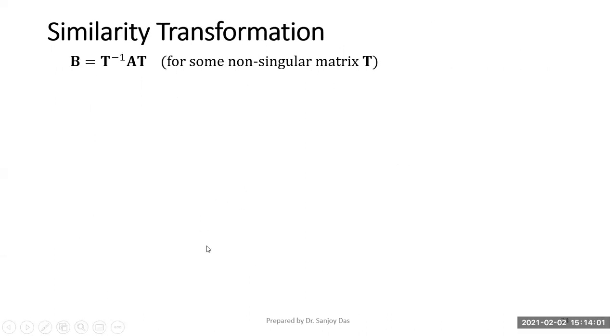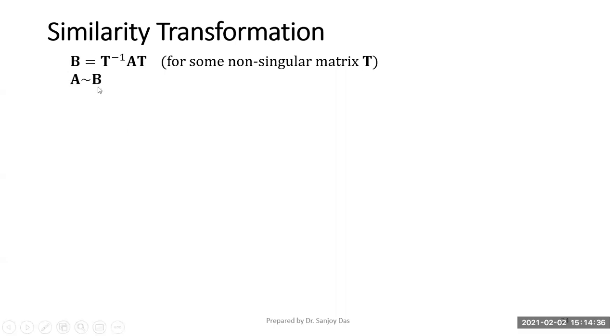Similarity transformation. Suppose we have some non-singular square matrix T, okay? And A and B are two matrices that are related as per this expression here: B equals T inverse A T. Then we say that matrices A and B are similar matrices.